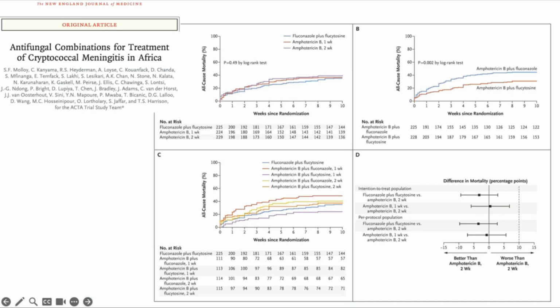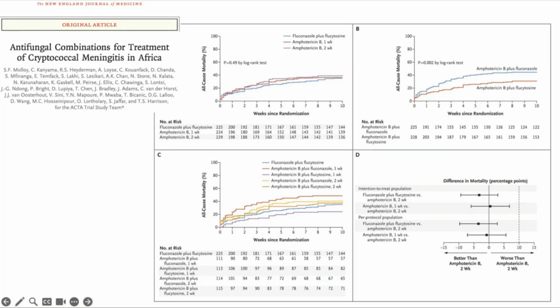And then these are some of the papers. This paper looked at a randomized clinical trial published in the New England Journal about different combinations of antifungal medicines for treatment of cryptococcal meningitis. These look at all-cause mortality as the outcome, so a pretty solid outcome. You can look at this figure, panel C. Lowest mortality was seen in that amphotericin B plus flucytosine group.